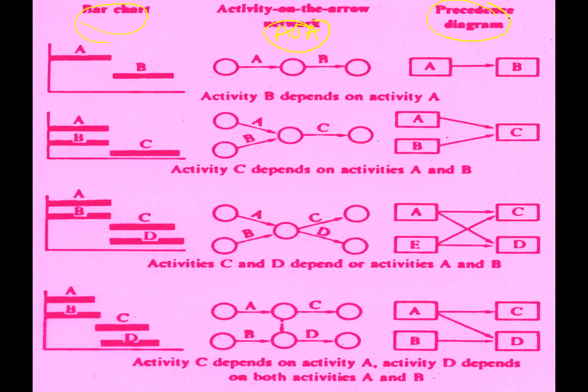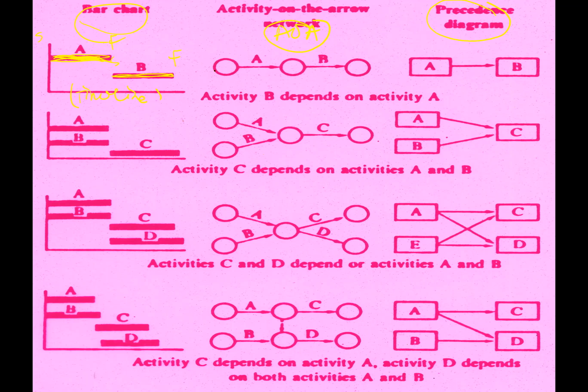but it is more complicated. Let's say the way I draw the bar chart for activity A is like this. This is one bar, consisting of start and finish, and then followed by activity B. This is what we call the timeline. But then how to draw them into an AOA diagram?